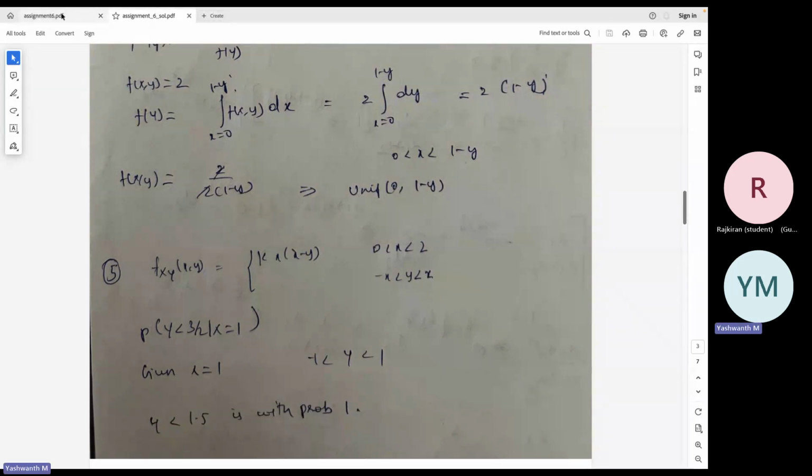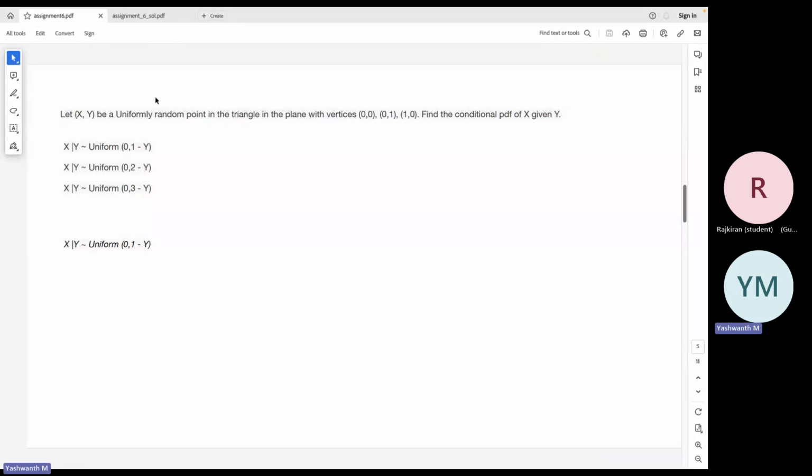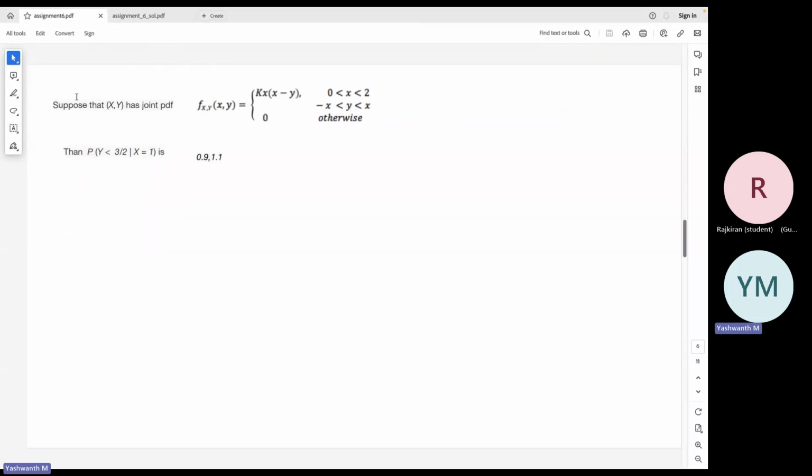Now we are given another question, with the joint density k times x times (x minus y), where x goes from 0 to 2, and y is from minus x to x. Otherwise, it's 0. This is a very simple question.